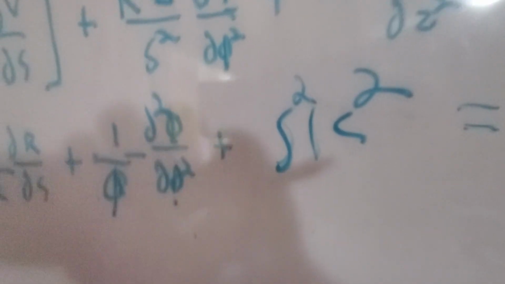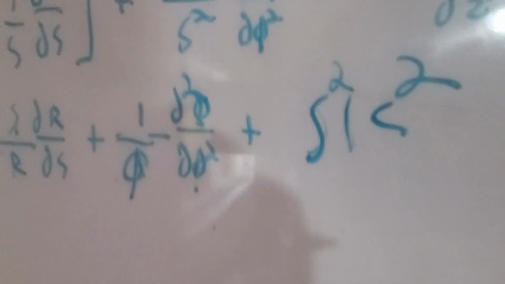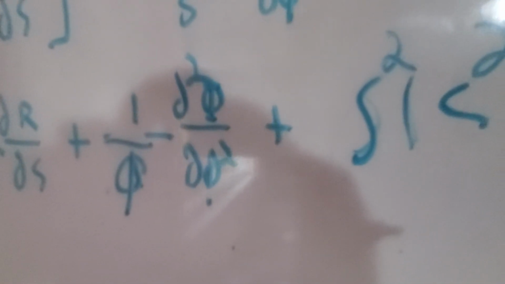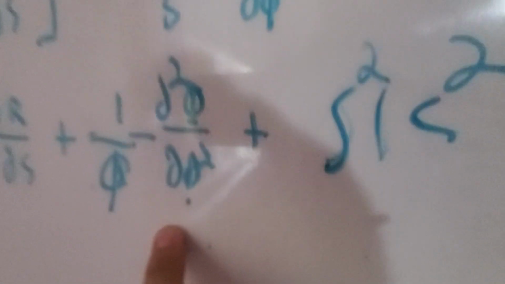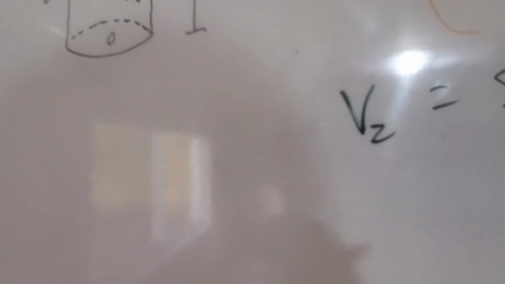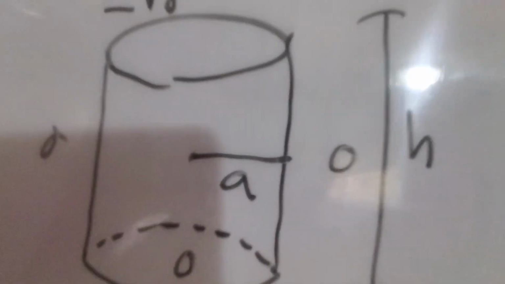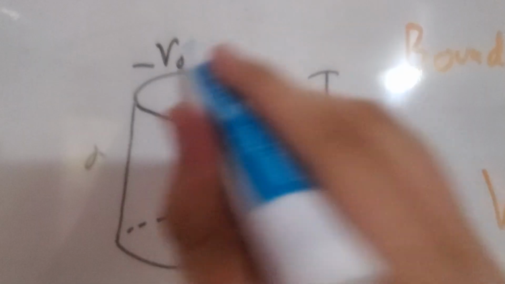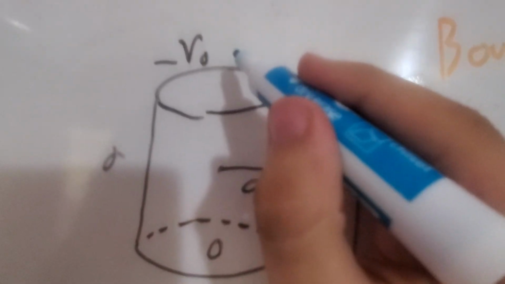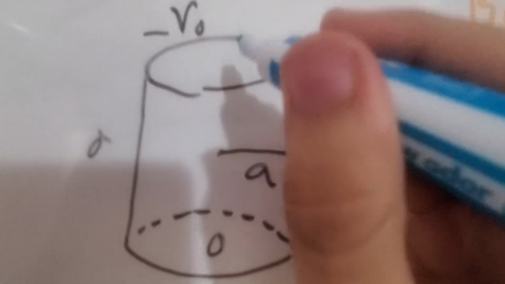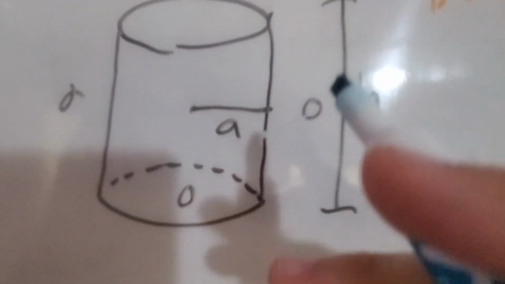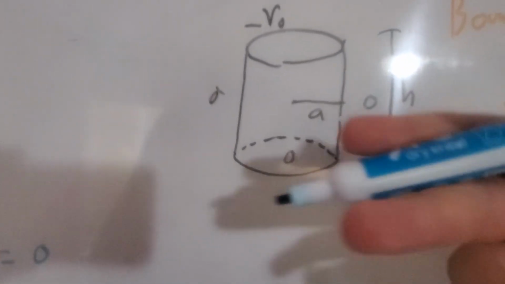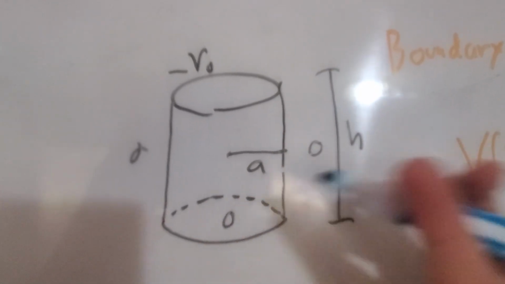Now we have this term right here. And we know this term is also going to be equal to a constant. But this expression tells us basically the curvature of this function in the phi direction is going to be some constant. As we can see though up here, voltage, or rather our potential up here, does not vary with direction. And we have no variance with direction here or here in terms of the phi component. So what we can assume here is that that constant is merely going to be 0.